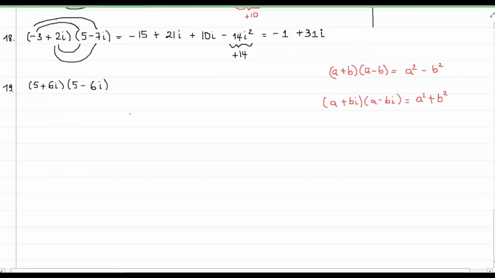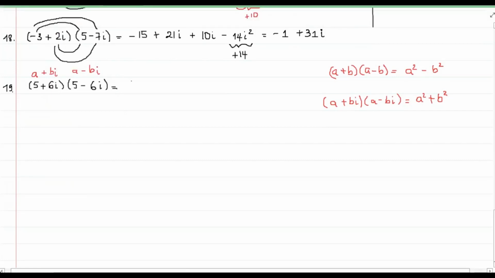All right. Now we see that here is a plus bi, a minus bi. So a in this case is 5 and b is 6.